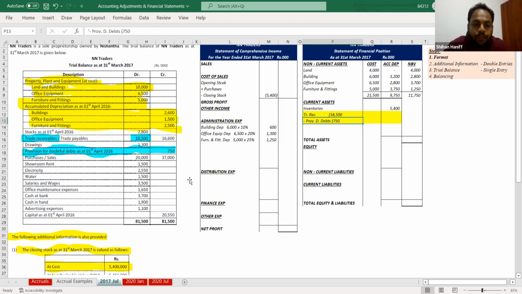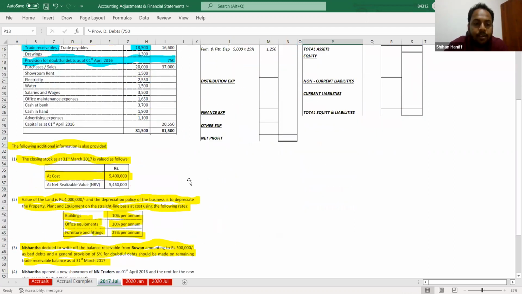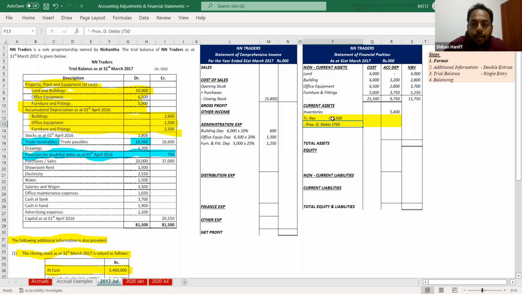Okay. So first thing, there is a bad debt of 500. What is the double entry for bad debt? It's debtors account credit 500. So we deduct 500 from the trade receivables.